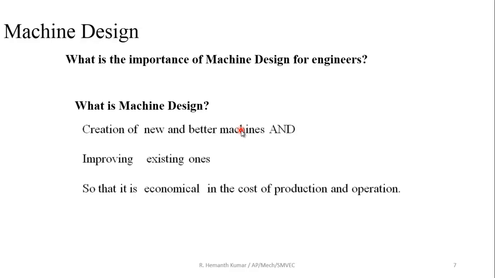Designing a machine is needed only to improve the already existing version of that machine itself. We have to improve any machine to function in an even better way than the previous versions. Machine design is nothing but creation of new and better machines and improving the existing ones so that it is economical and a cost effective operation.